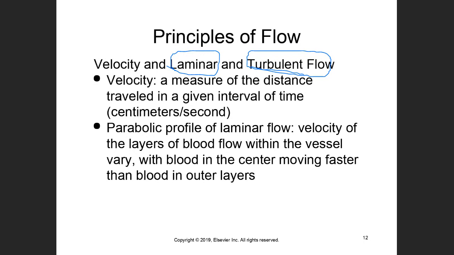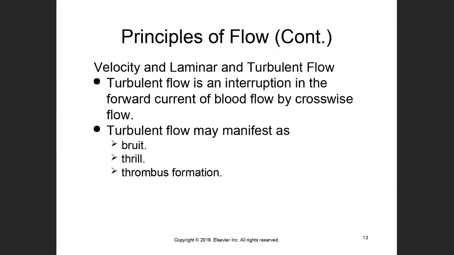Parabolic profile of laminar flow: the velocity of the layers of blood flow within the vessel varies, with flow in the center moving faster than blood in the outer layer. Turbulent flow is an interruption of the streamlined currents of blood flow by crosswise flow.